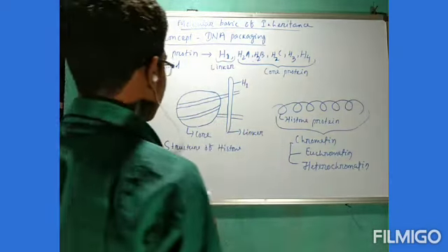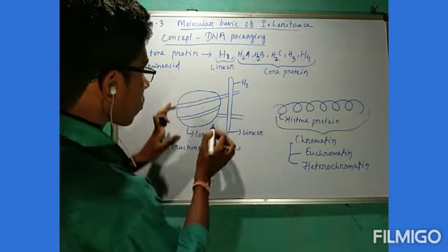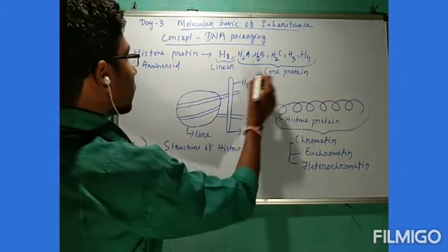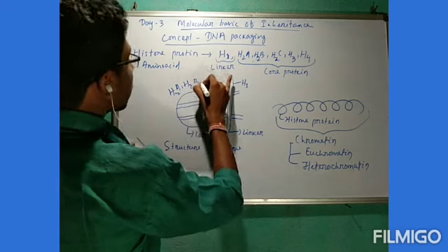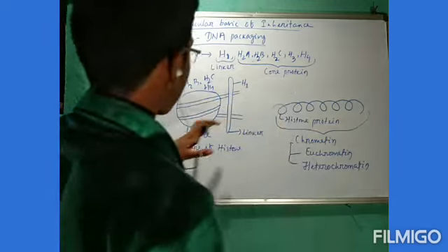This ball-shaped or circular structure is the core protein.